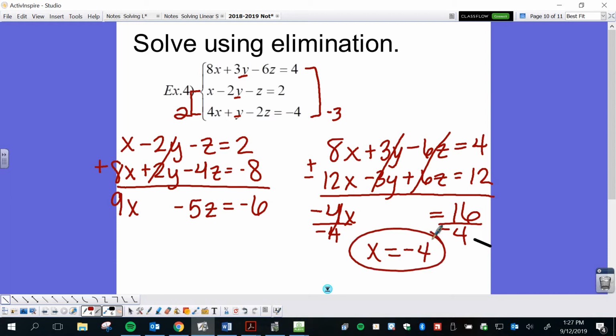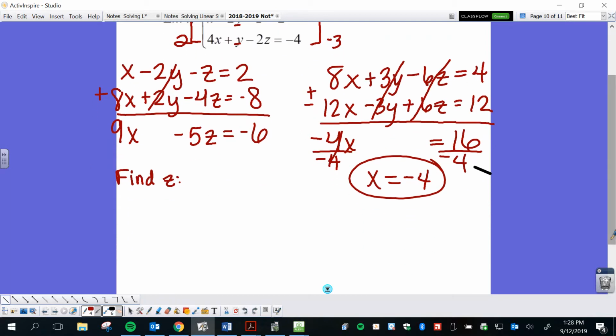I have one of my answers. I have 1/3 of the answer, right? I can go right back over now. Now what's the next variable I can get? Z. So I go right back over here, and I'm going to find z. And I only have one equation I can pick from. I have only one equation I can use. I'm going to find z.